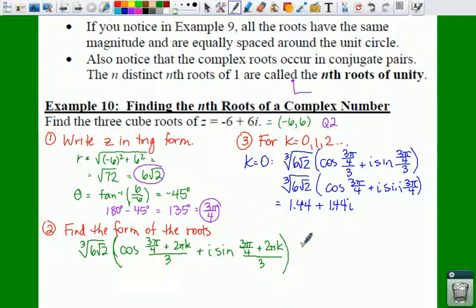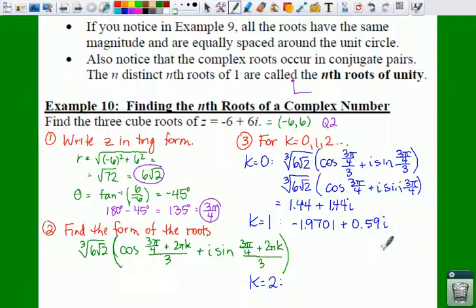So the next thing you need to do is you need to plug in your values for k equals 1. You have to plug in your values for k equals 2. And when you plug those in, you have to be very careful with what you are substituting in as you go along. You should end up getting, for k equals 1, a negative 1.97 plus 0.59 I, rounding to 2 decimals.